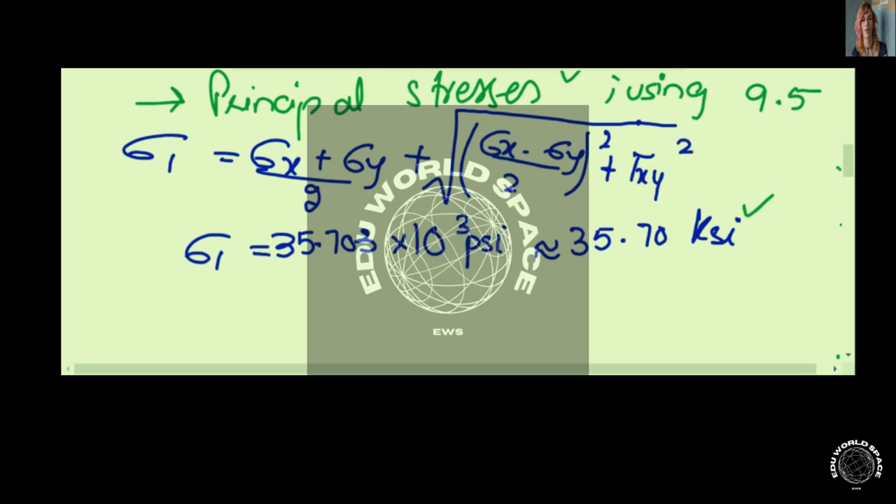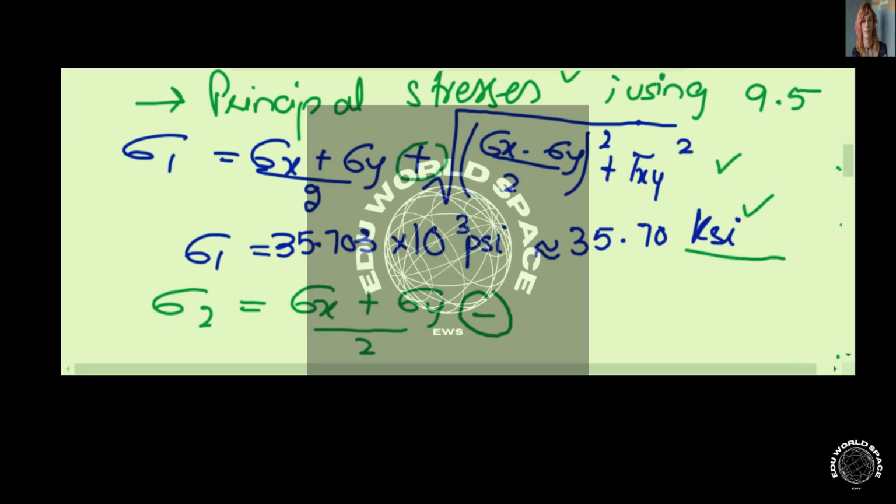Now we need to solve for the second principal stress. That would be (sigma sub x plus sigma sub y) divided by 2, and it is very similar to the previous equation except that we have a negative in the middle.